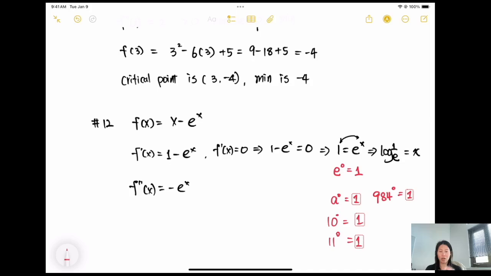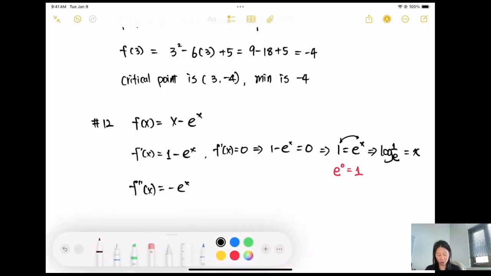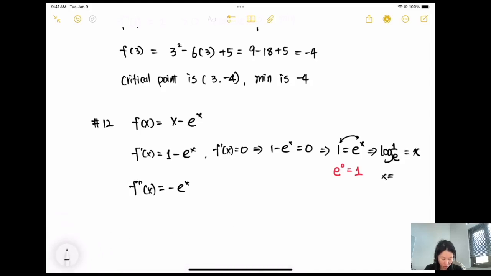All numbers to the 0 power equal 1, so we can also solve for x. If you can see that right away, use the logarithm. So now we solve that x is equal to 0. Because e to the 0 equals 1, we have e to the x equals 1. That tells you that x equals 0.